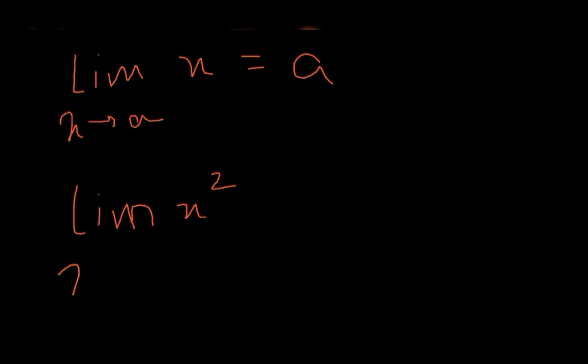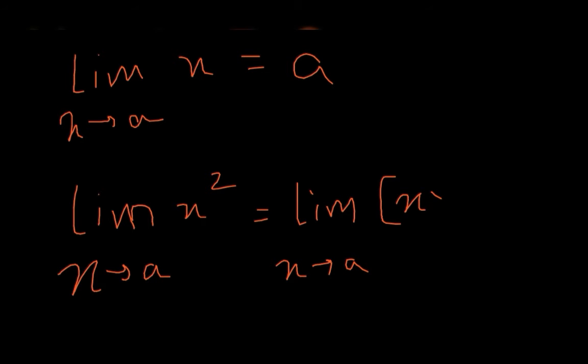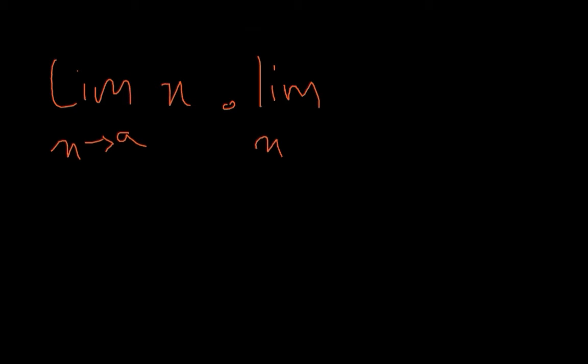Can you tell me what this is? I can write limit x tends to a of x into x. These can be two individual functions. So by earlier things, I can say limit x tends to a x into limit x tends to a x.